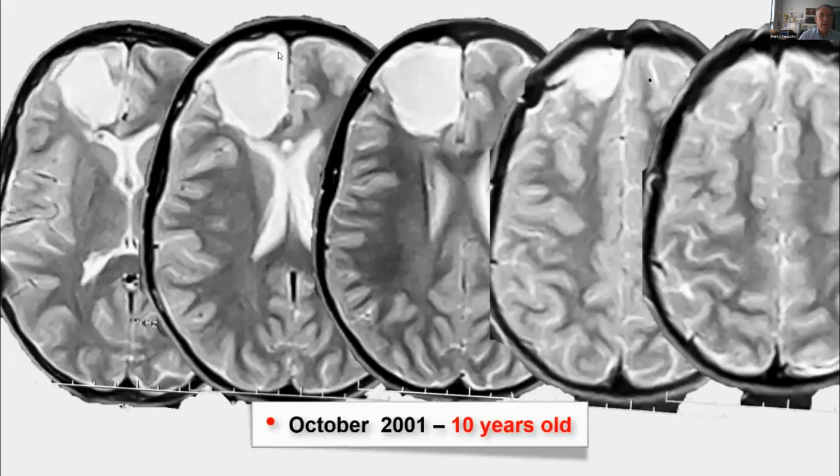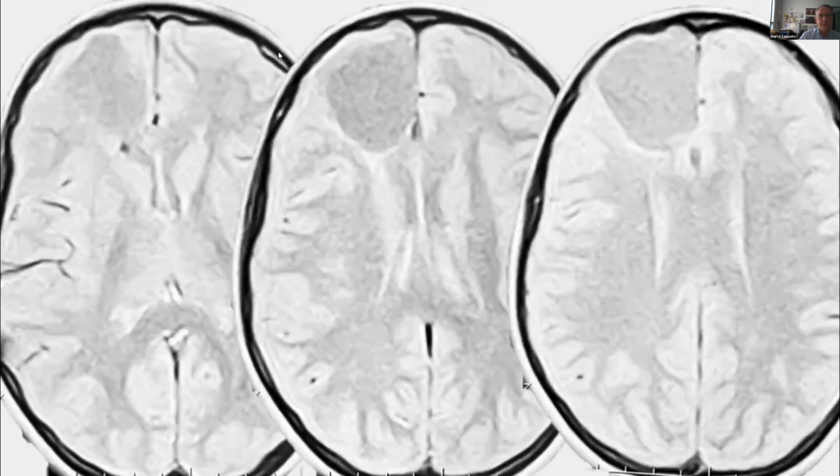This is the MRI one year after treatment. We don't have the angiography because the patient came to us without it, but on the MRI you don't see any residual. It seems very clean, and the patient was fine.